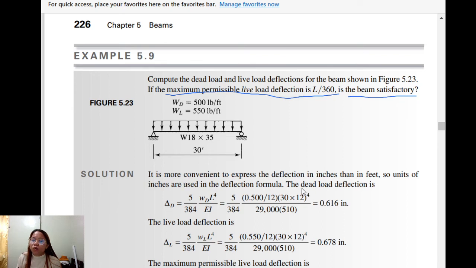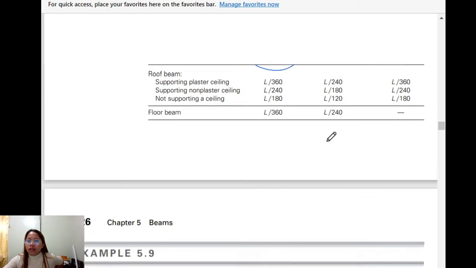First, we have to solve for the dead load deflection. That is 5 over 384 times the dead load, this is 0.5, divided by 12 to convert to inches, times the length of the beam, that is 30 feet, times 12 to convert to inches, to the power of 4, divided by EI, so that is 29,000 ksi times the moment of inertia for the beam.